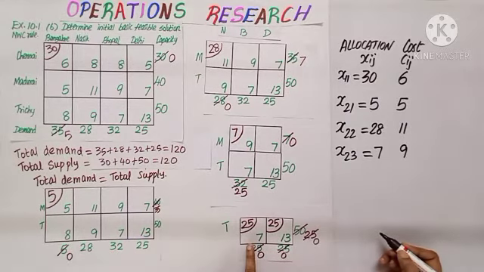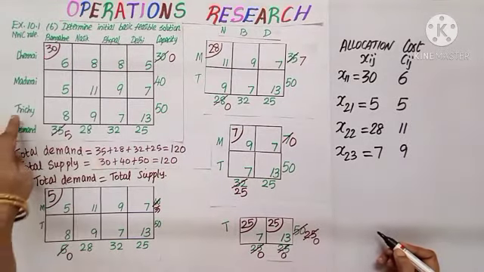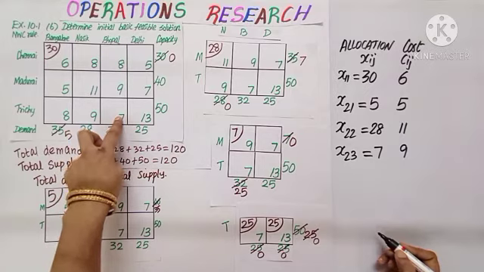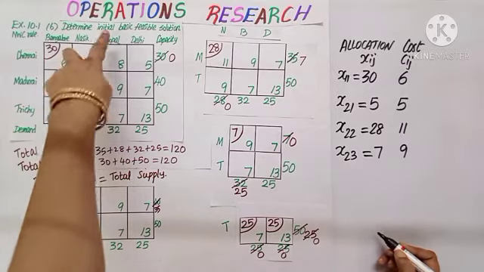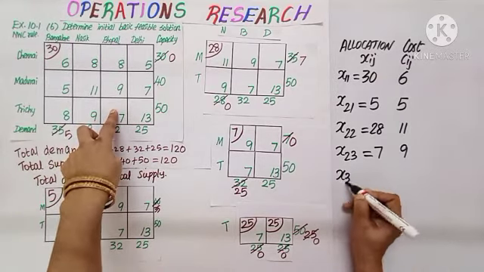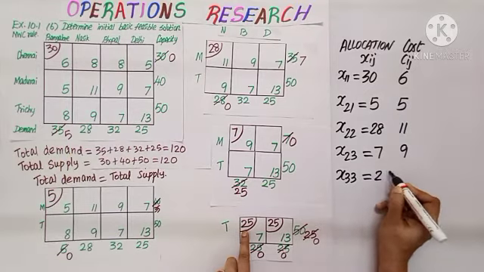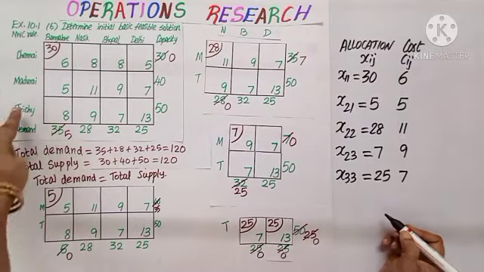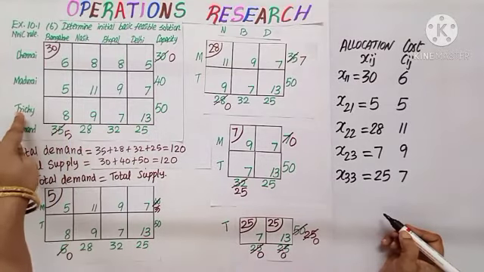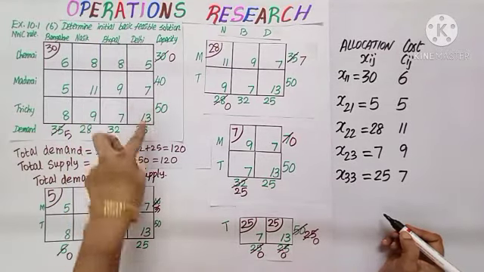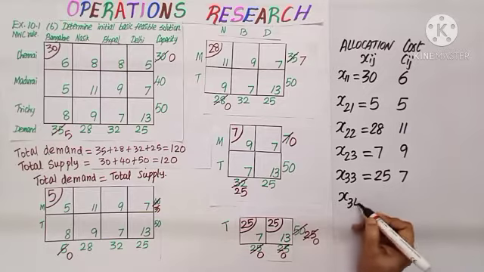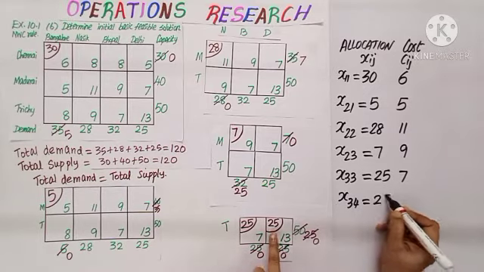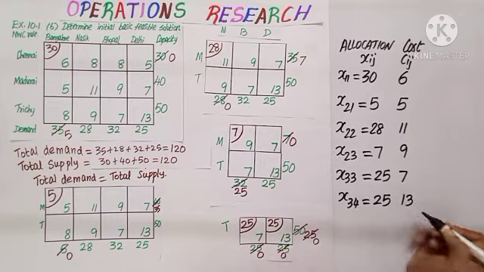And the next one, you have Trichy to Bhopal. Here we have allocated third row, third column, X33. Allocation 25, cost is 7. And the last one, Trichy to Delhi. That is third row, fourth column, X34. That is 25 and the cost is 13.